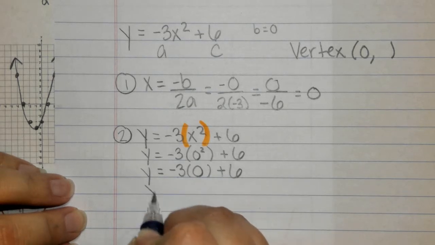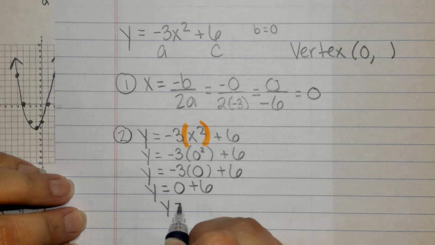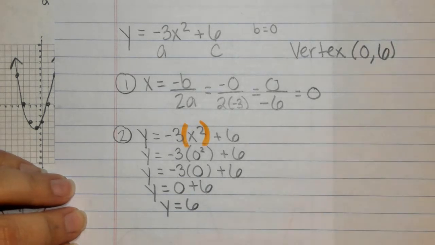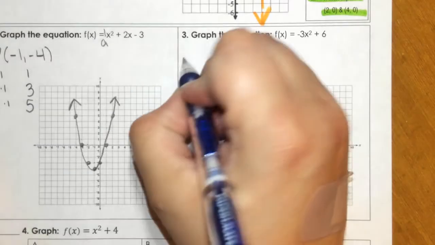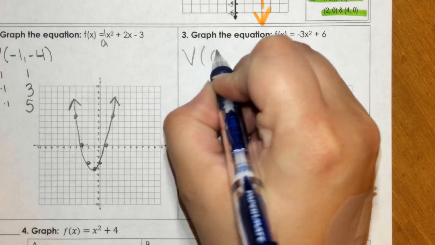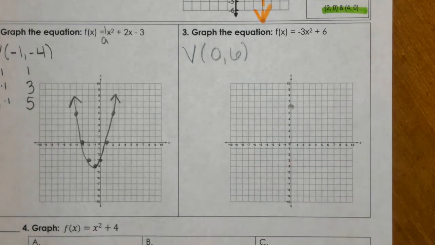Negative 3 times 0 is 0, plus 6. And that would just be 0 plus 6 is 6. So here, my vertex is 0, 6. So 0, 6 would be right here.